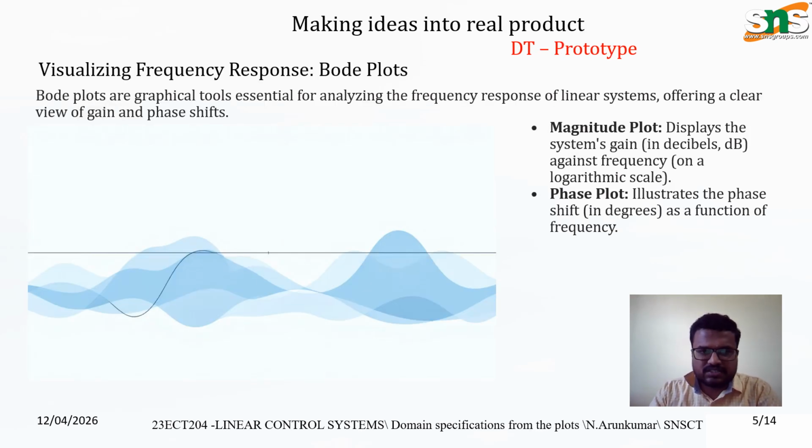And next one is visualizing the frequency response. Suppose you want to fix the frequency response as high in the system, then that particular frequency response alone is to be monitored for the process, and the exact level and the exceed level of the system are to be monitored with the help of neighboring systems. These two are identified by using the magnitude plot and phase plot of the systems.